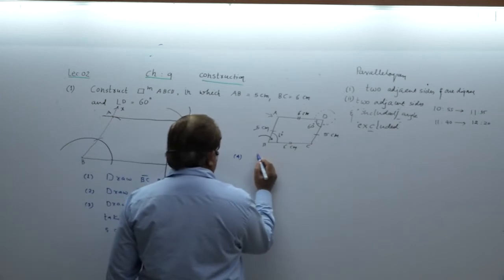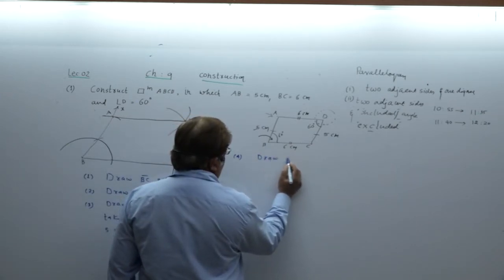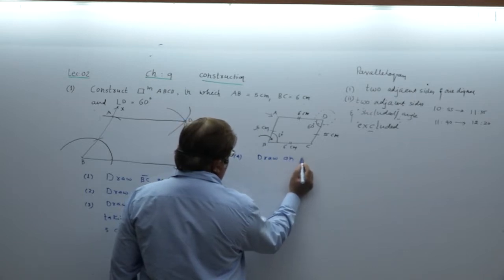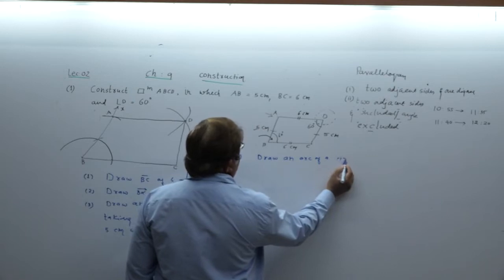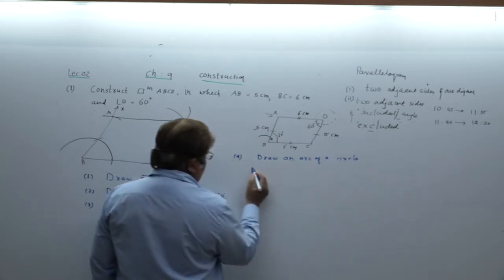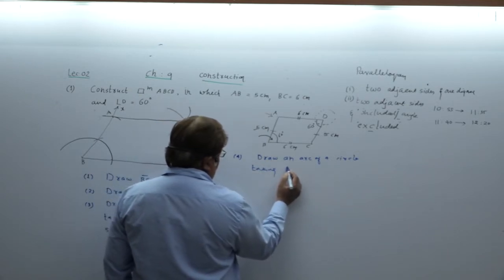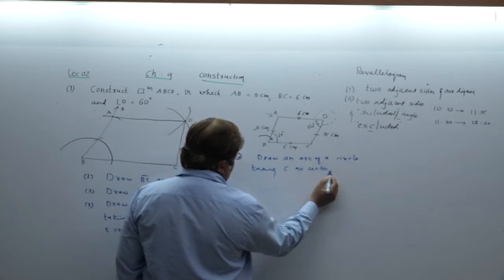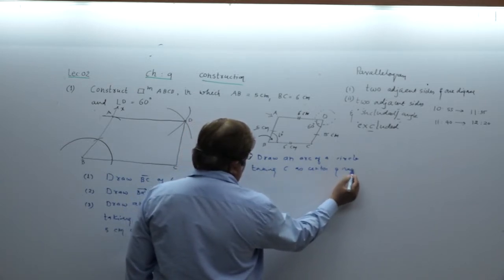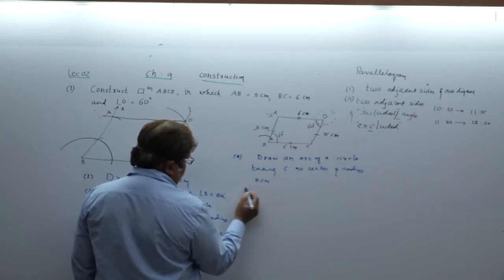So you will write this way: draw an arc of a circle taking C as center and radius 5 centimeter.